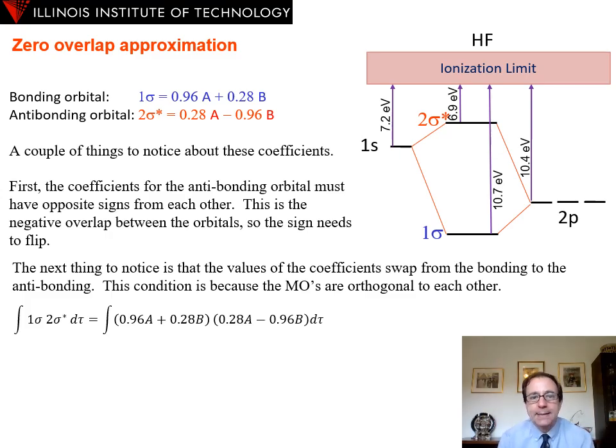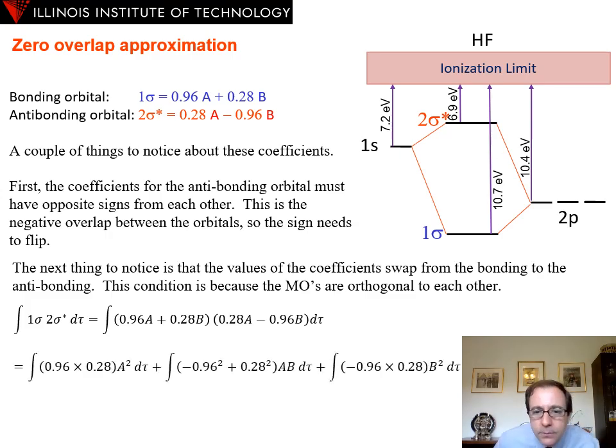So the 0.96A plus 0.28B is the bonding orbital times the 0.28A minus 0.96B, that's the anti-bonding orbital, integrated over all space. Okay, so let's multiply that out, and we get this.